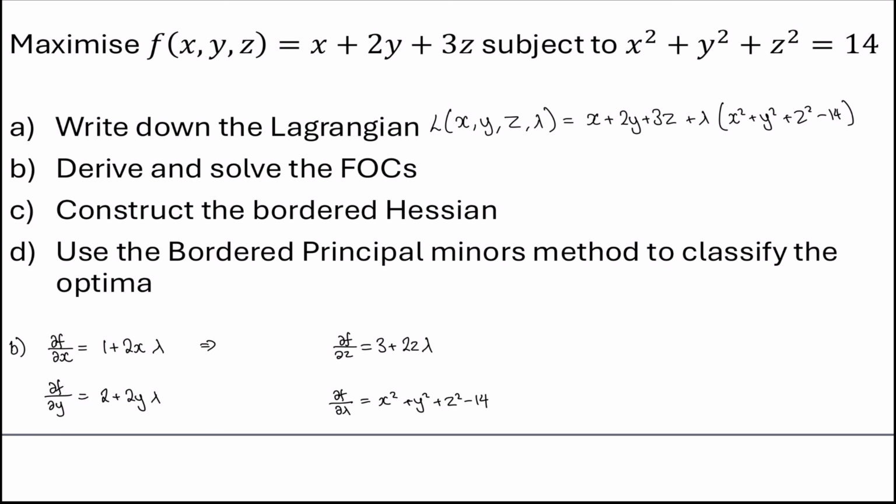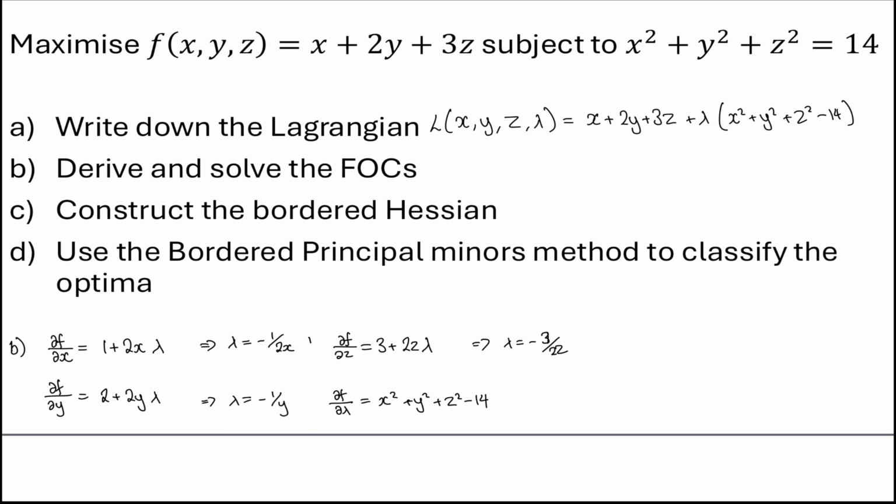If we make lambda the subject for each of these, we get lambda is equal to minus 1 over 2x. Over here we get lambda is equal to minus 1 over y, and over here we get lambda is equal to minus 3 over 2z.